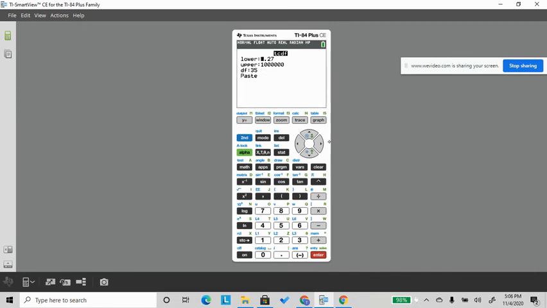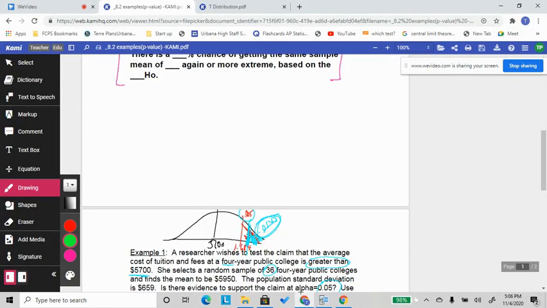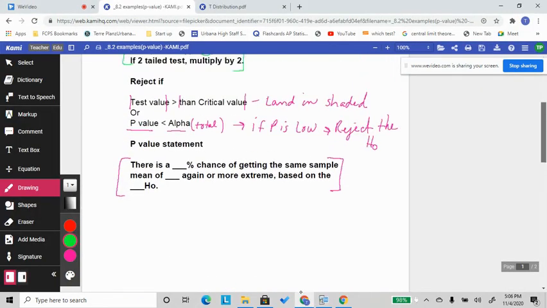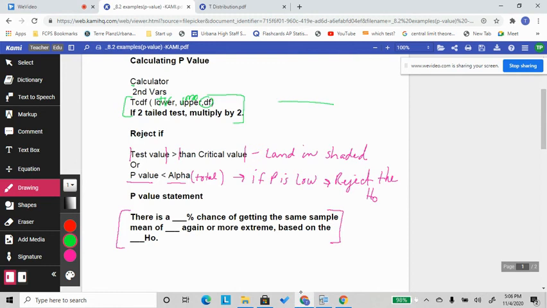So let's say you had a negative. Let's say you did a test, and your H0 was 10 and your test value came out to be negative 1.86. So the lower is negative infinity.